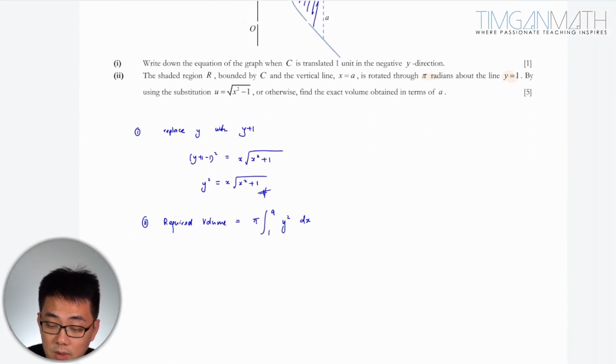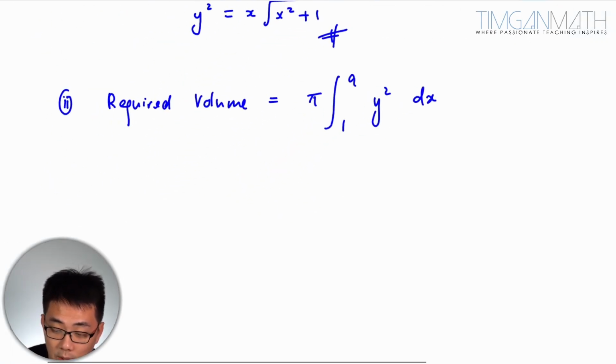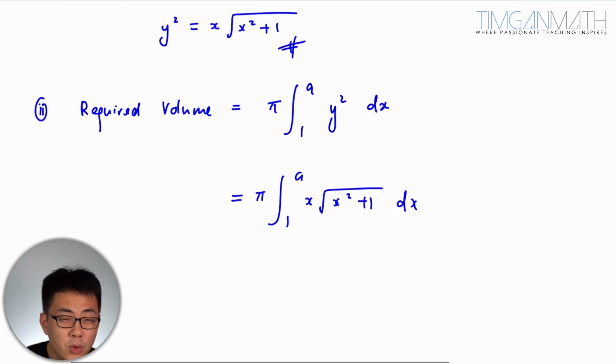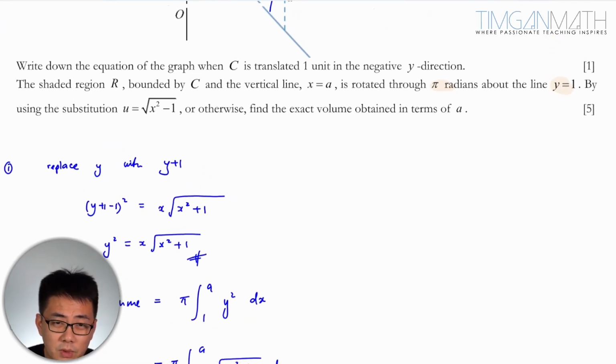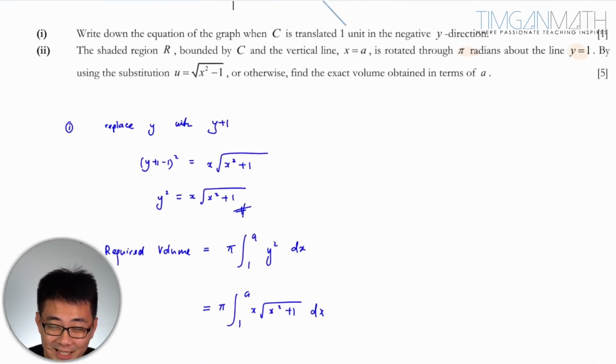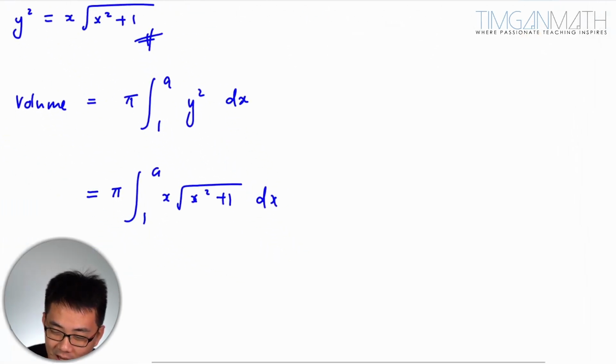You use this new equation because we moved everything down 1 unit. So this will be pi integral from 1 to a of x over x squared plus 1 dx. Actually, we can integrate this straight away, but they ask us to use the substitution. I'm not sure why. It's quite lame to be honest, but okay.